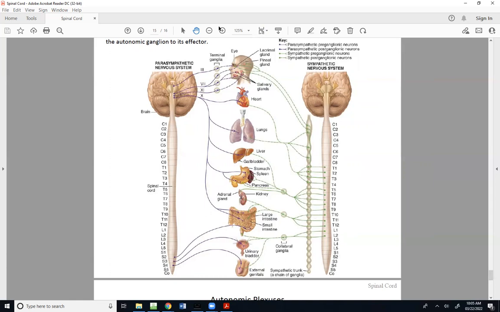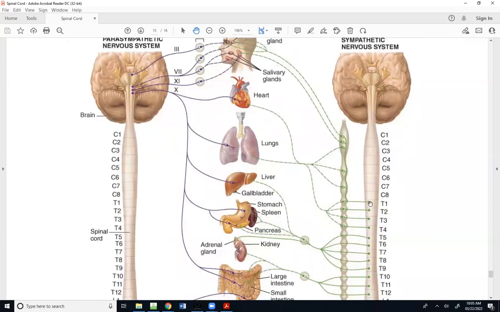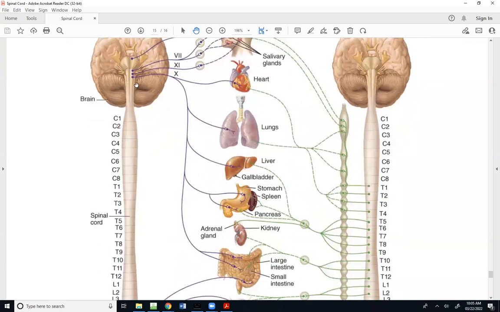In most cases, the signal comes out and then a synapse occurs, and you can see that right here. And then from there, the second neuron runs the rest of the distance. So in the case of the sympathetic, it's typically a really short first neuron, the pre, and then a very long post. Whereas with the parasympathetic, it's typically a very long pre and then a short post.